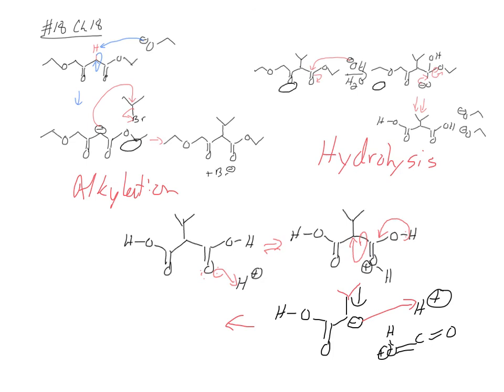CO2 is going to go away, right? This H plus is going to go back to this carbon. You're going to make CO2, which will go away. You're going to make the carboxylic acid there, and you'll still have H plus floating around. Right? So this is a little tricky. This is hydrolysis under acidic conditions, how this would work.